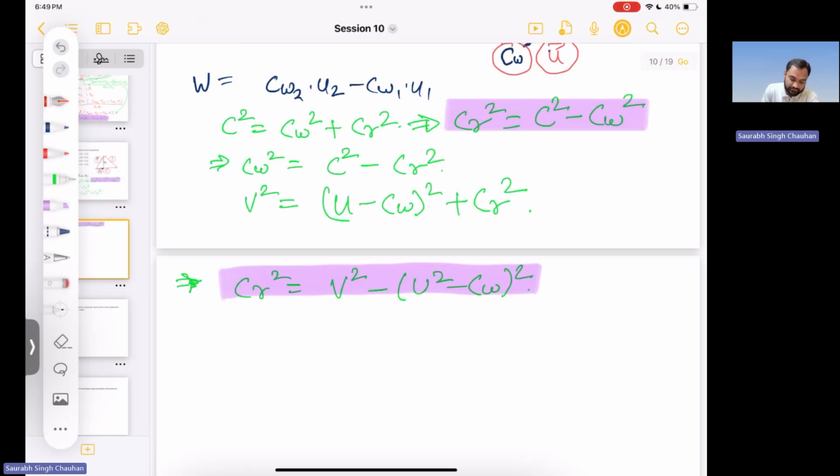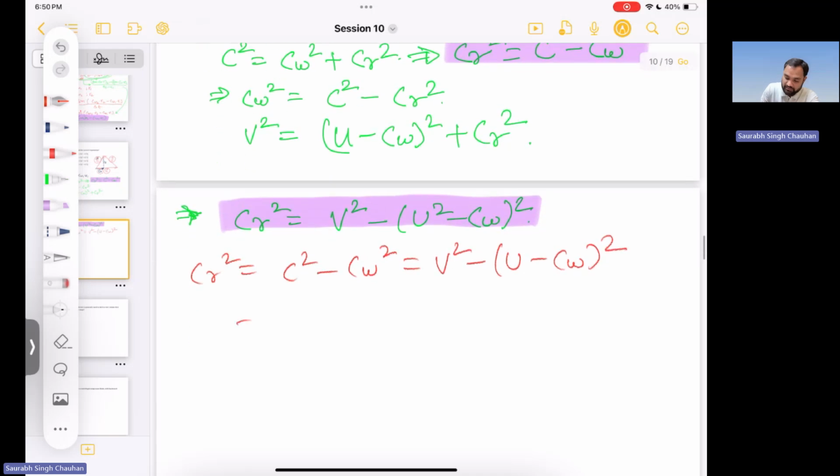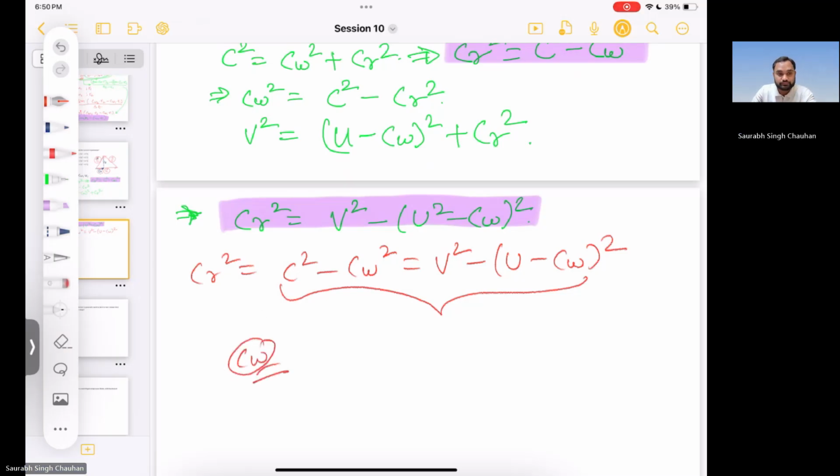You'll get CR square is equal to C square minus CW square is equal to V square minus (U minus CW) square. Correct? So from this equation, you can calculate CW, right?